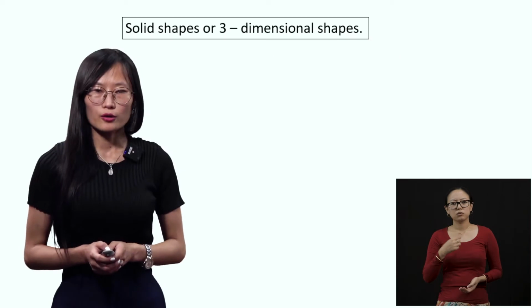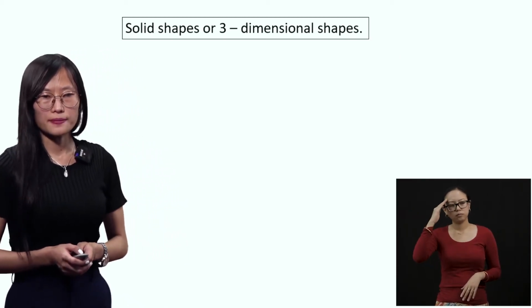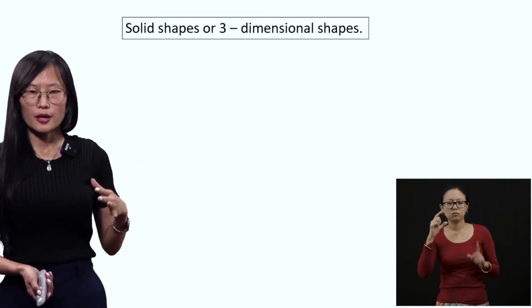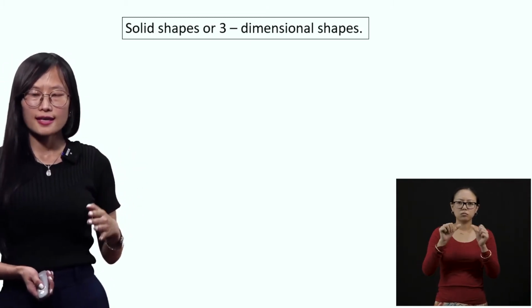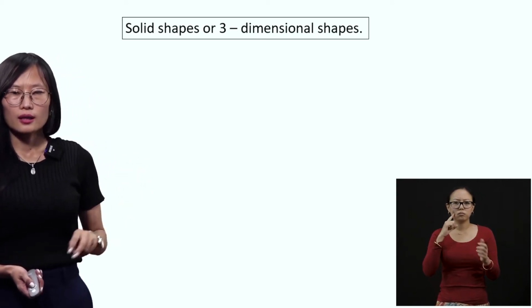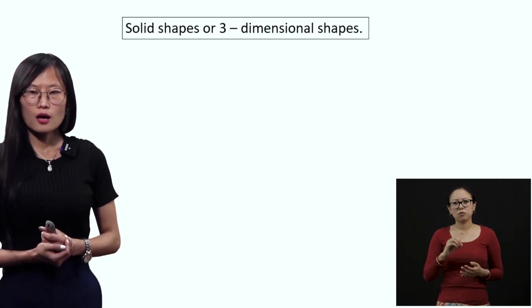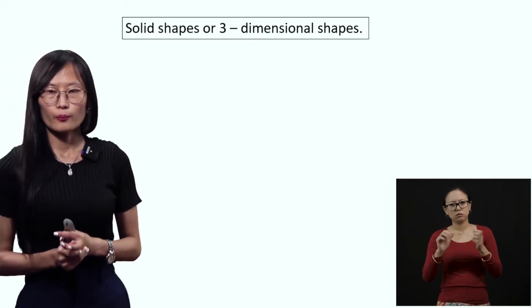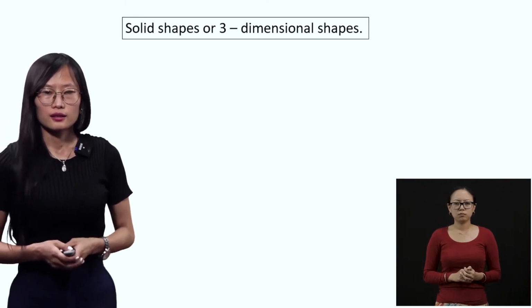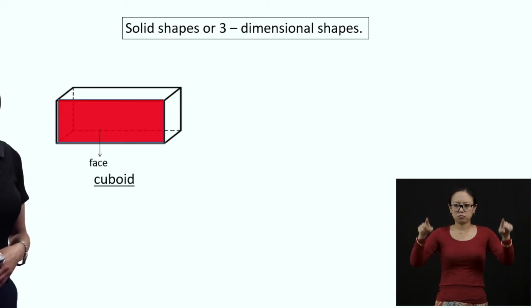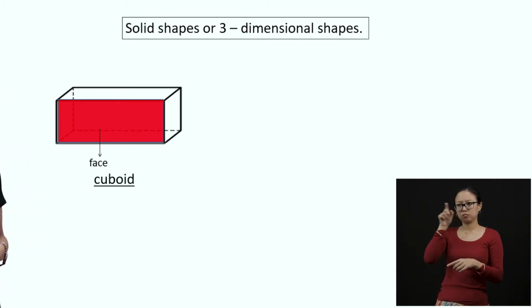Now we will talk about solid shapes or 3D shapes. Plane shapes have only one face and only two dimensions, that is length and breadth. But in solid shapes, we have three dimensions, that is length, breadth, and height. The first picture we have is a cuboid. Here we have 6 faces.